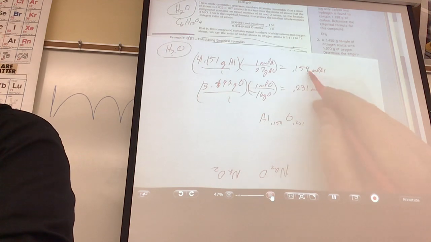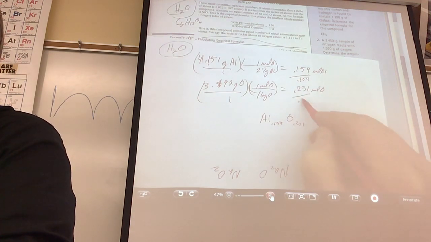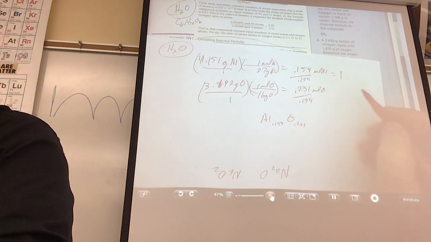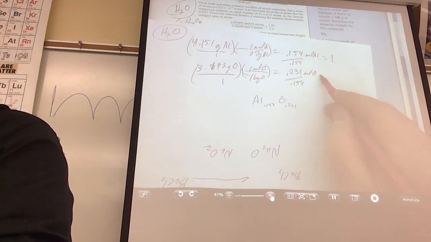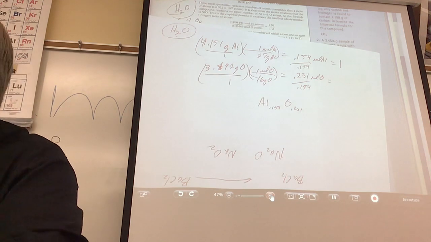Which one of these is smaller? You have to know that. All right, now divide both of them by the smaller. I'll bet you get one up here, don't you? Do you get one here? Yes? All right, do the other one. Remember, don't ever go below 3 sig figs, okay?